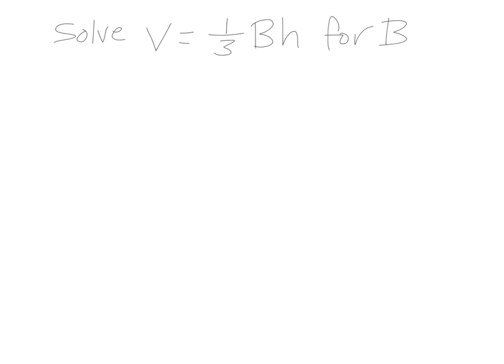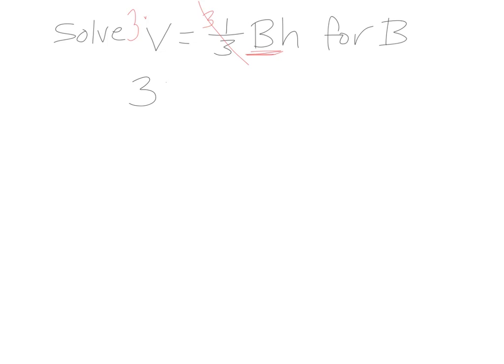Solve v equals 1/3 bh for b. We want to get the b by itself. I can get rid of the 1/3 by multiplying by 3. 3 over 1 is what cancels 1 over 3. You flip it. So if I multiply the right side by 3 to cancel it, I also have to multiply the left side by 3.